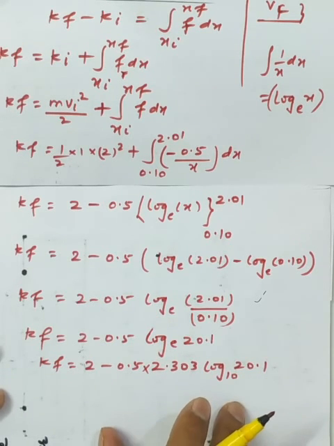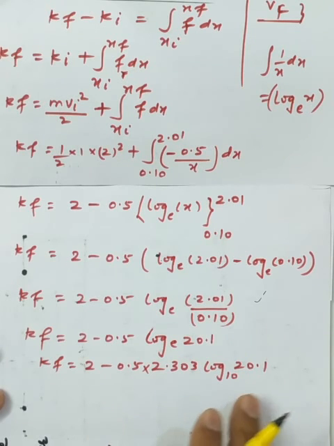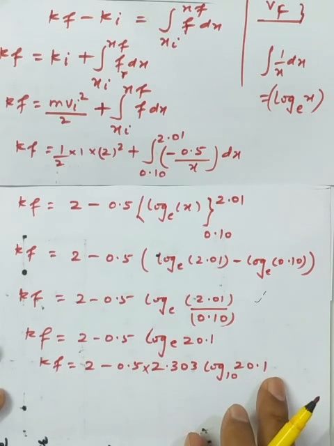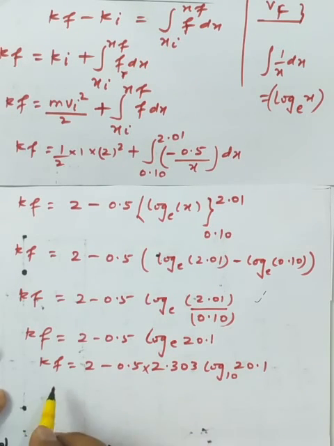Okay, so for the value of 20.1, the natural log we calculate from the log table.